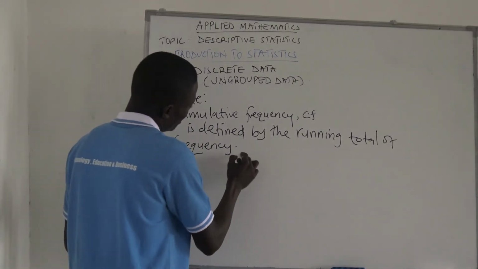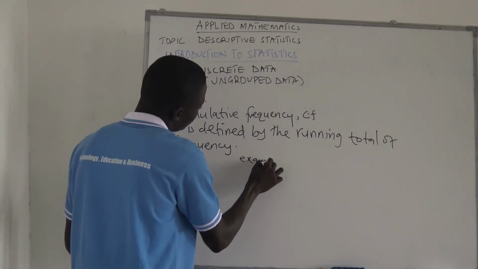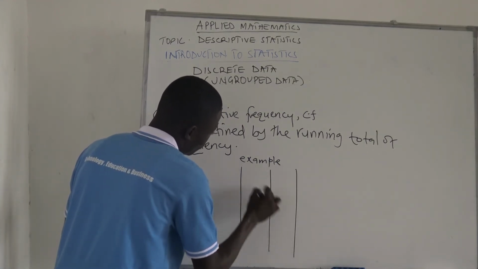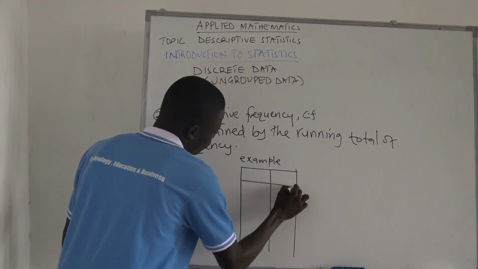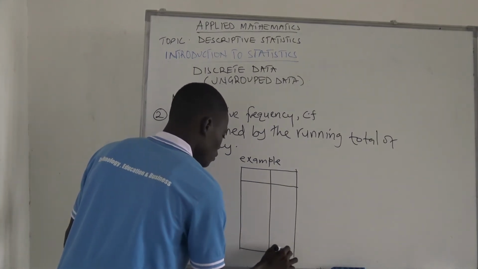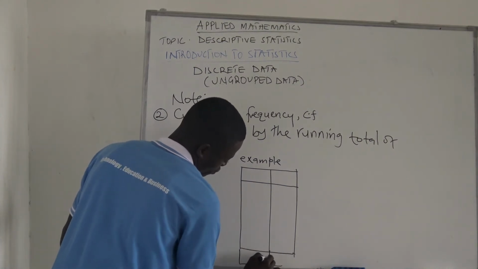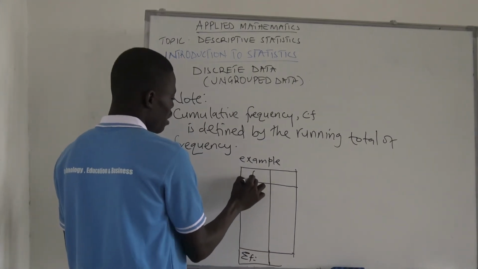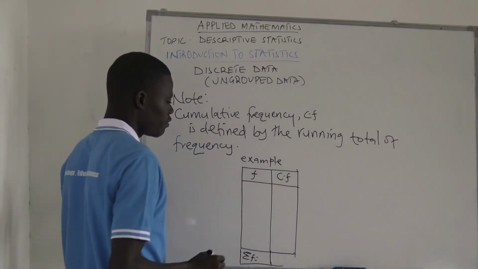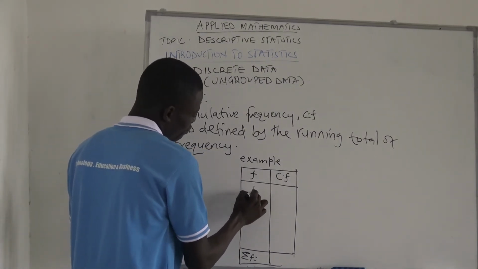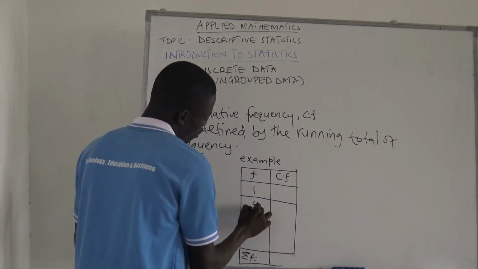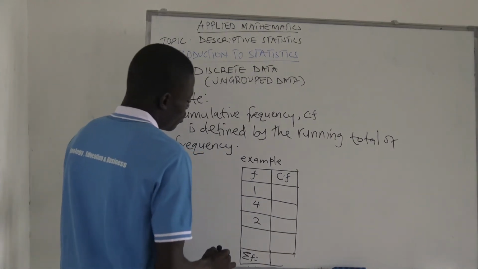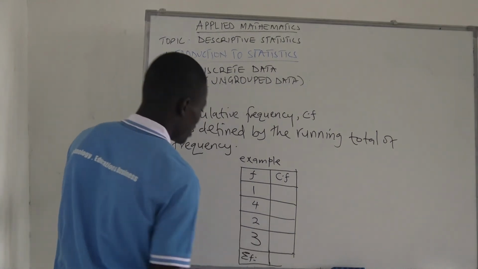If you have an example, with our f column and a column for cumulative frequency, then we have x as the first value as 1, this one 4, this one 2, and then this one is 3.